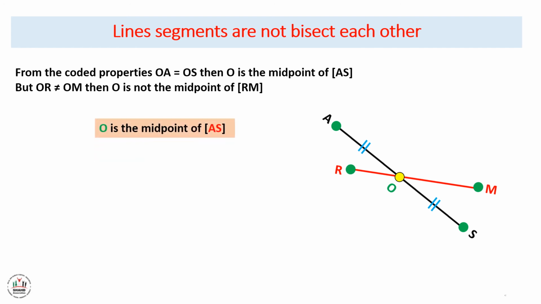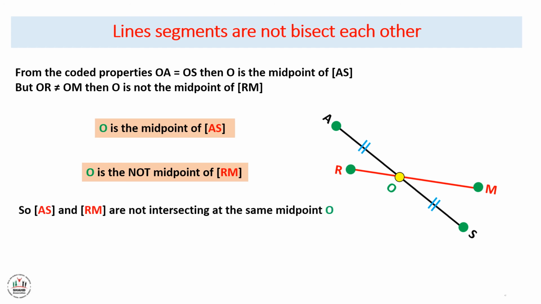In this case, O is the midpoint of AS. O is not the midpoint of RM, as we can see.